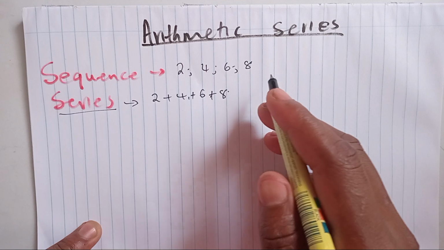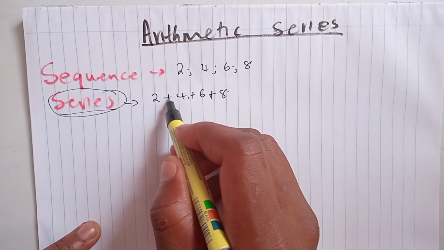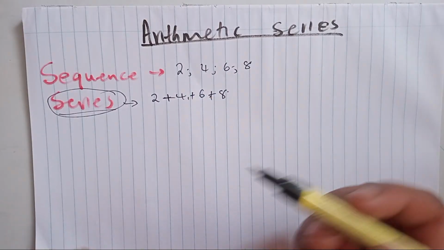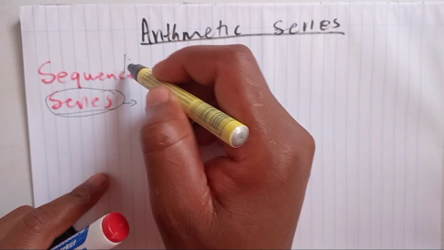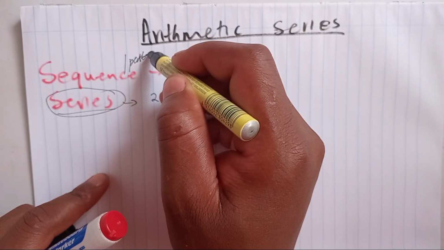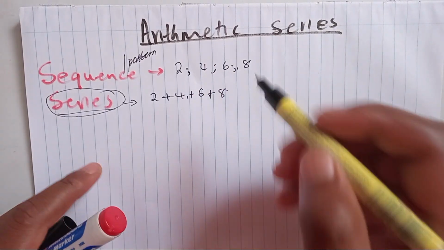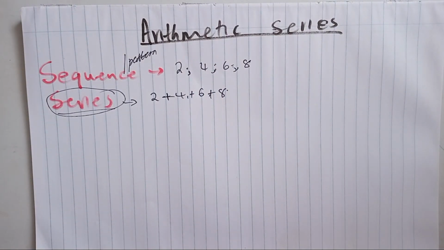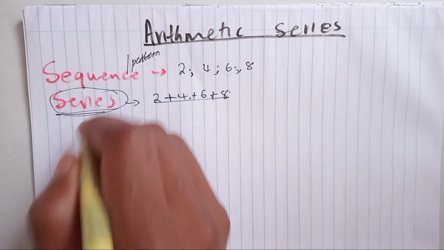So when we're talking about a series, we are talking about adding all the terms in the sequence. But a sequence or a pattern is normally separated by commas. If you see plus like this, it means it's a series.